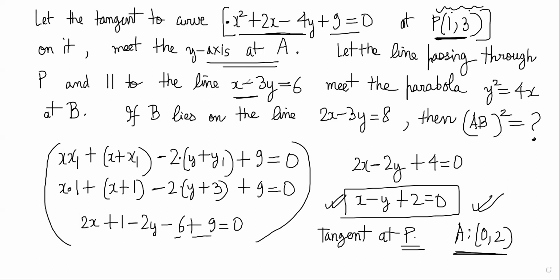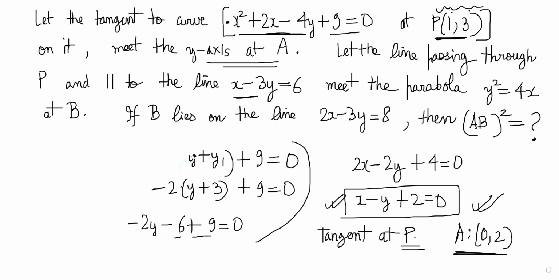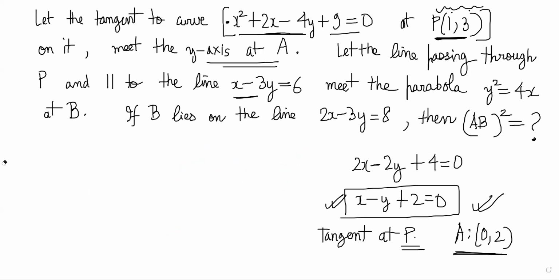Slope is 1 by 3, right? Yes sir, x minus 3y equal to 6 has slope 1 by 3. So the line passing through P with slope 1 by 3 is y minus 3 equal to 1 by 3 times (x minus 1). This line meets the parabola y square equal to 4x at B.